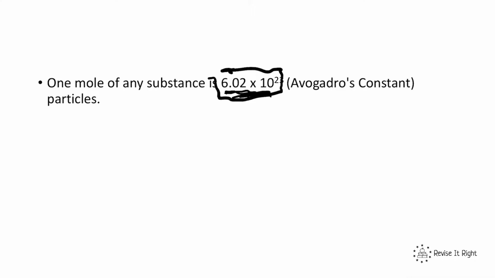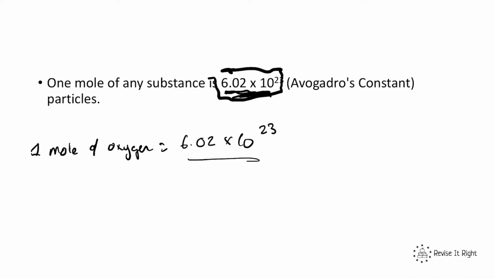Okay, so let me explain. For example, if we had 1 mole of oxygen, that 1 mole of oxygen would contain 6.02 times 10 to the 23 number of particles. So there will be this amount of oxygen particles in 1 mole of oxygen. And the same applies to anything.